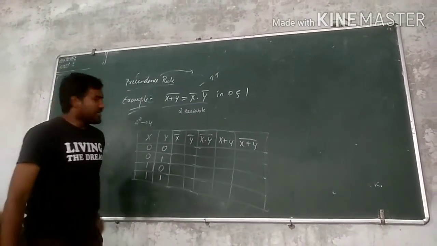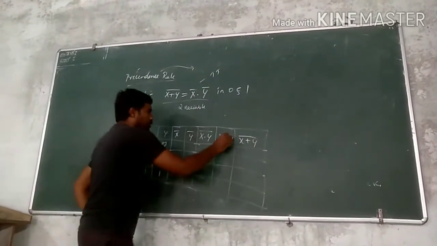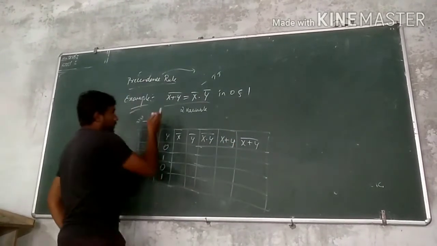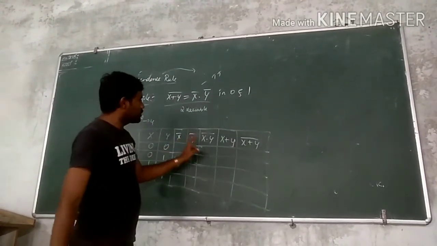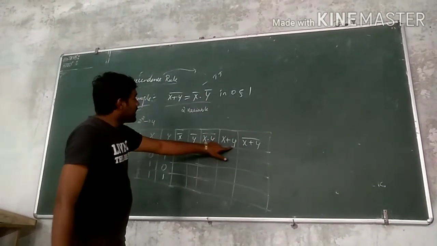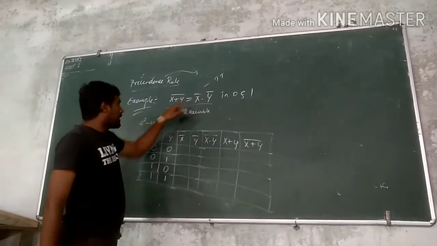This is the way of writing the equations in the truth table, and don't get confused, sir, about how we should write these expressions. Here we have only two expressions, but you may have written 1, 2, 3, 4, 5 like this. Where are we getting all of this? If you want to find the x complement, first you should know the x value.